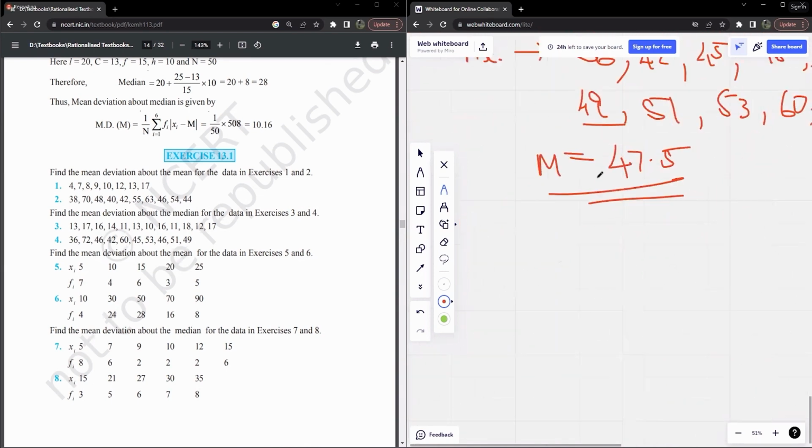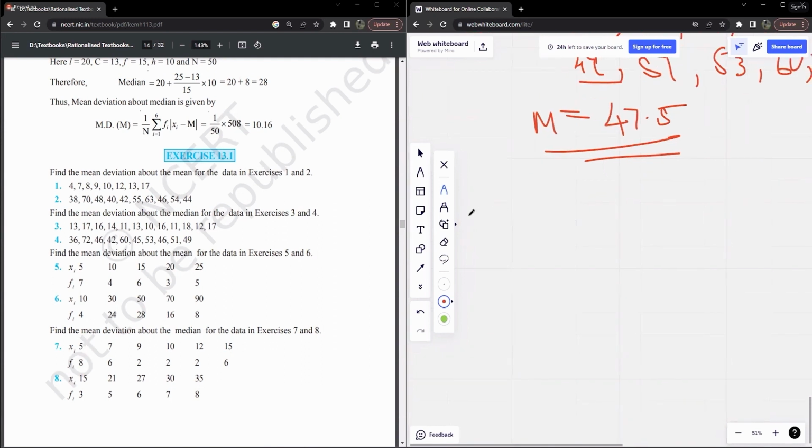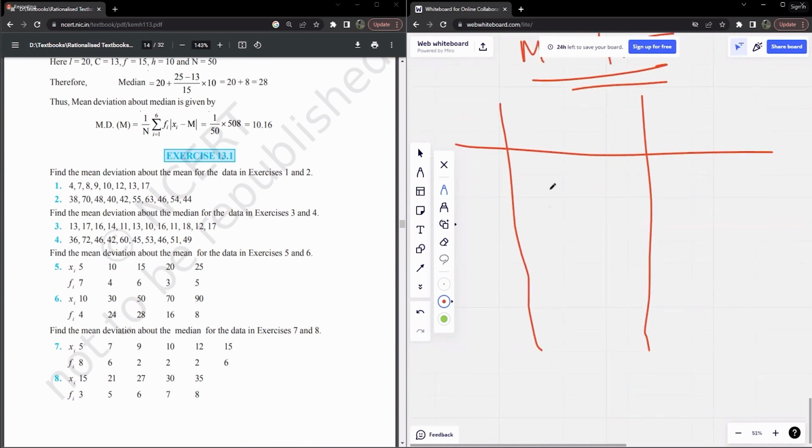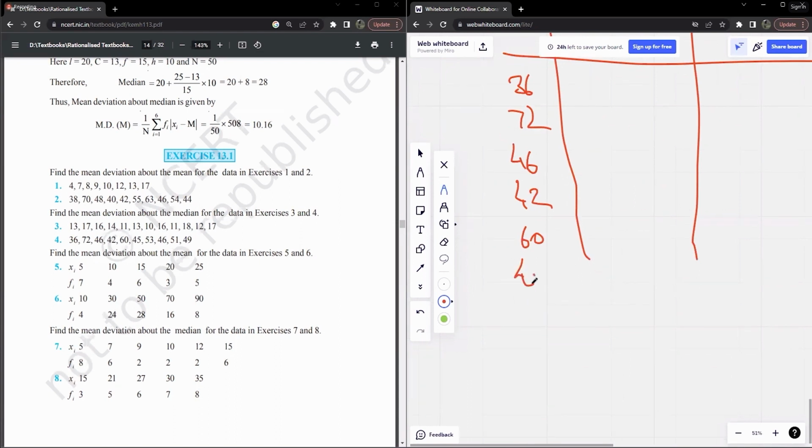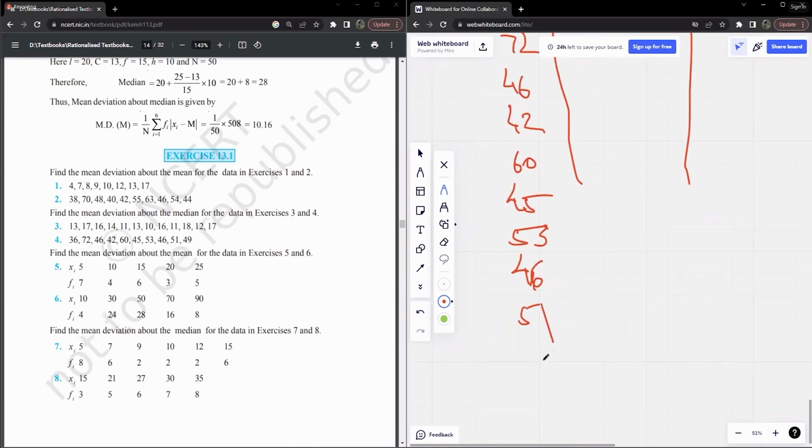So yeah, you have found the median, right? Then comes drawing the table. I'm not labeling this above again. All right. So we have 36, we have a 72, we have a 46, we have a 42, a 60, then 45, 53, 46, 46, 51, and 49.